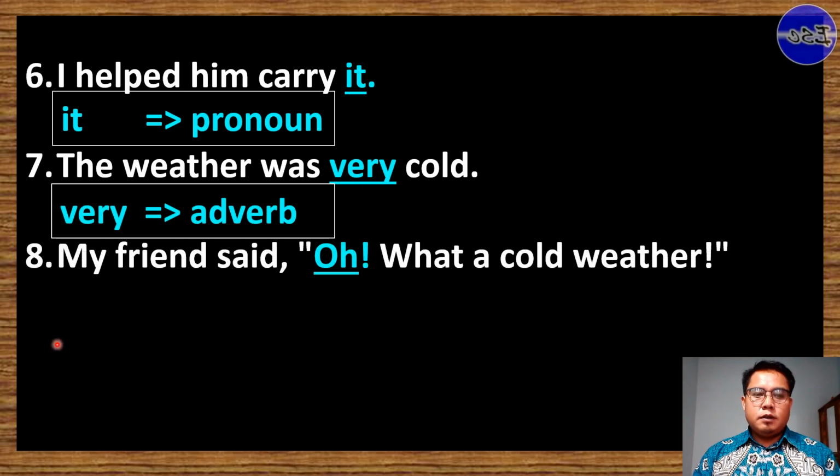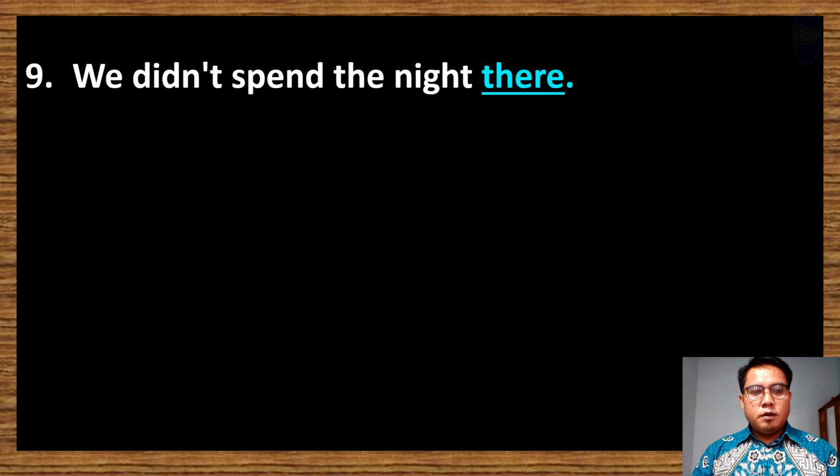Number 8. My friend said, "Oh, what a cold weather." This is easy, right? This expresses emotion or feeling, so this is an interjection. Number 9. We didn't spend the night there.